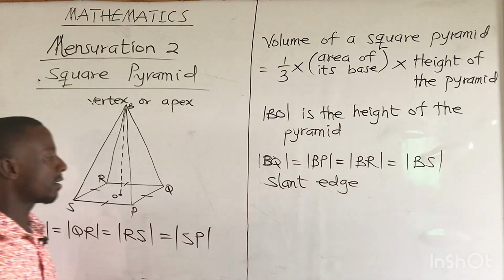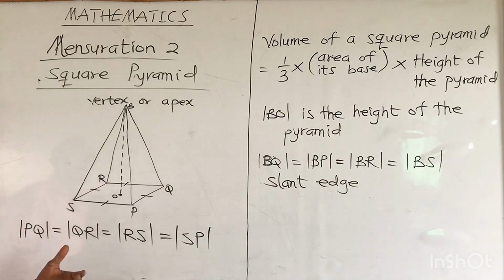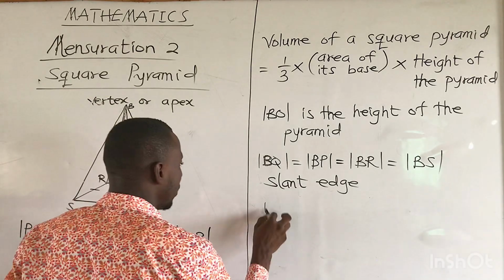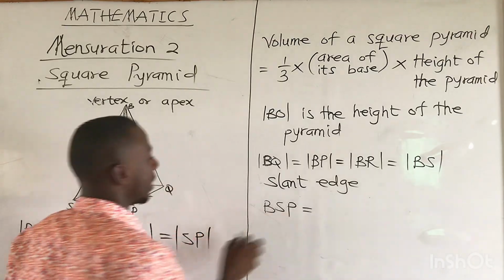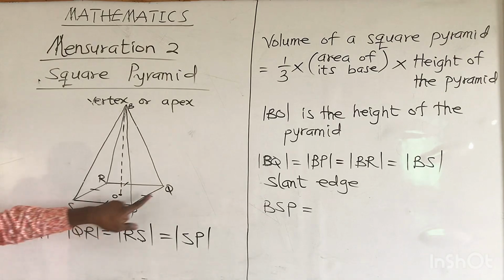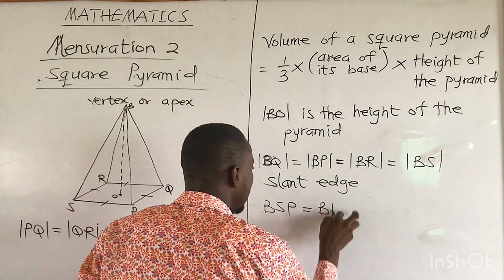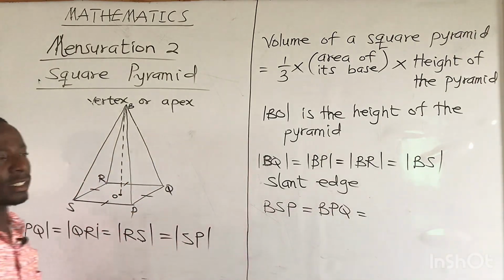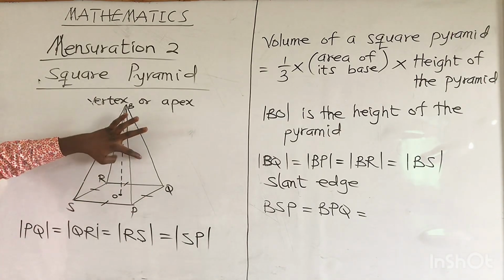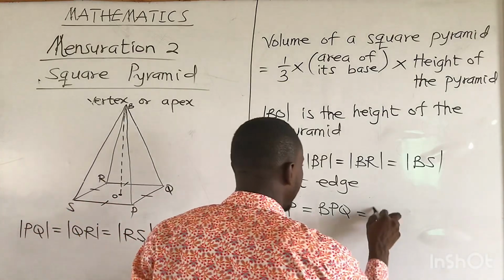Again, we have faces of the square pyramid. We have 4 triangular faces. So the first face is BSP. It is equal to another face BPQ. Then another triangular face, BRQ.